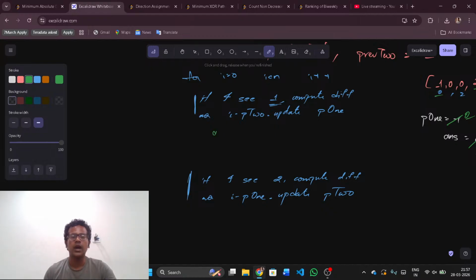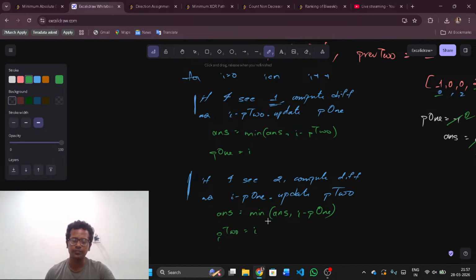Answer is equal to minimum of answer, comma, i minus previous 2, and previous 1 is equal to the current index where I am at. And also answer is equal to minimum of answer, comma, i minus previous 1, and previous 2 is the index where I am.